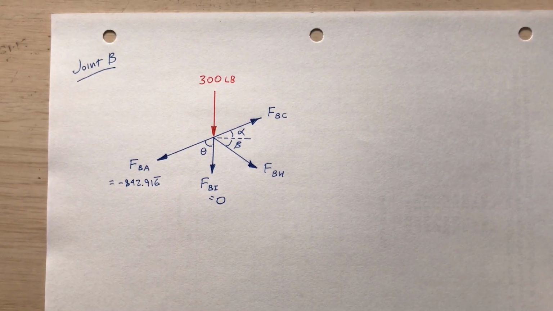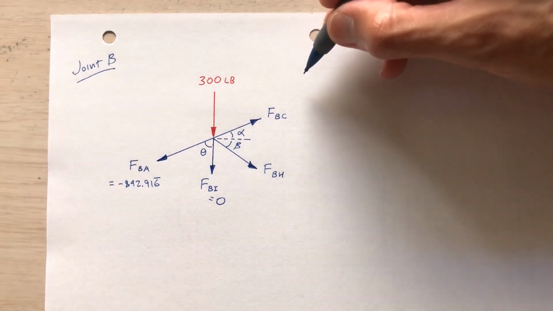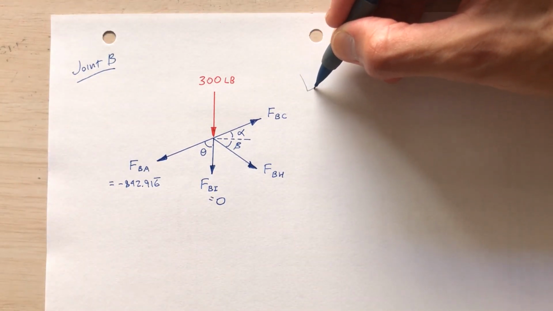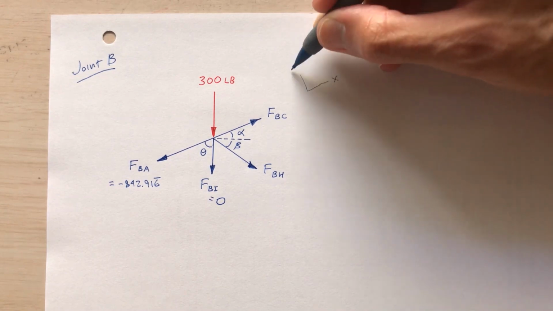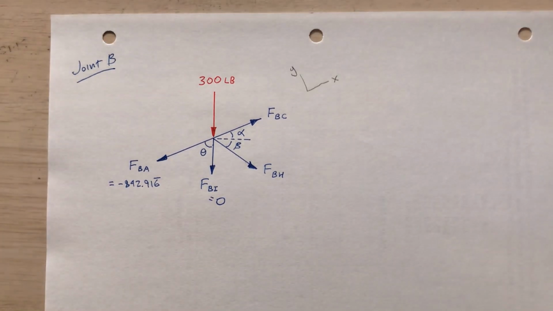If I didn't have that 300-pound load acting vertically, something that I might try to do is reorient the coordinate plane, make x in this direction and y in this direction. I don't think that would make this problem much easier because I've got that 300-pound load that's acting vertically anyway.